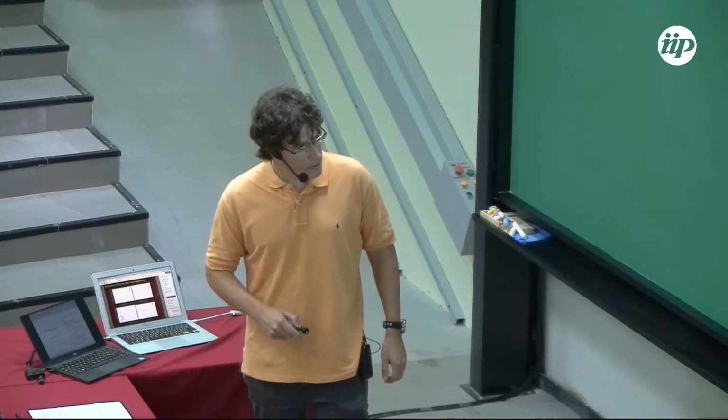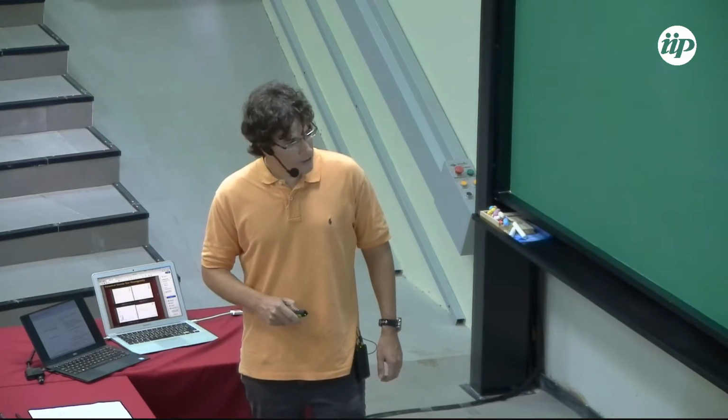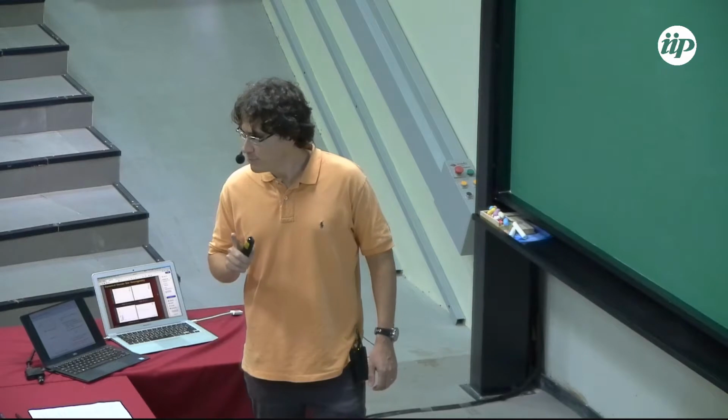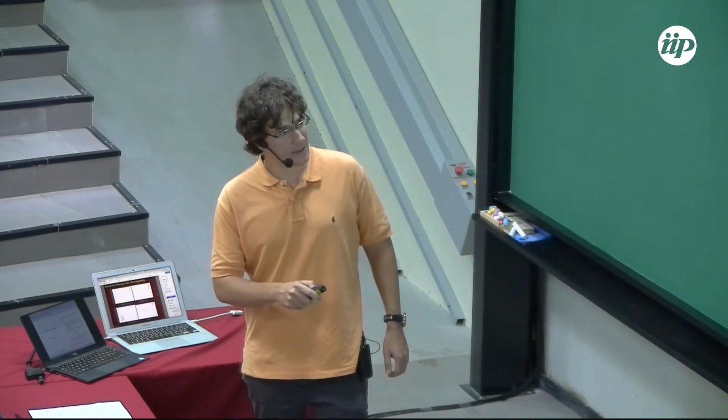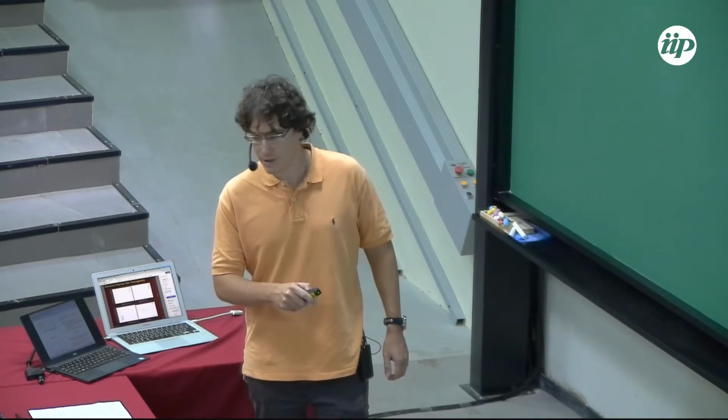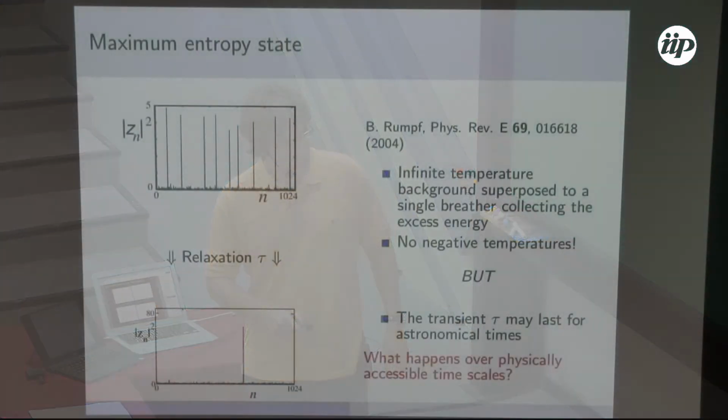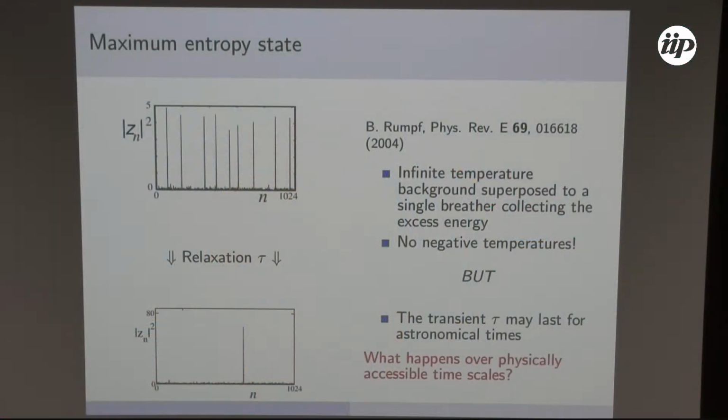Indeed, the true equilibrium state is completely different. It is composed of only one giant breather that collects the excess energy that was previously stored here, superposed to an infinite temperature background.